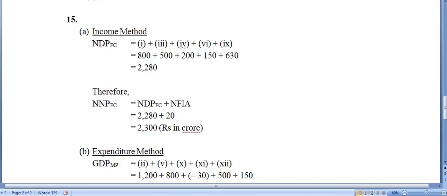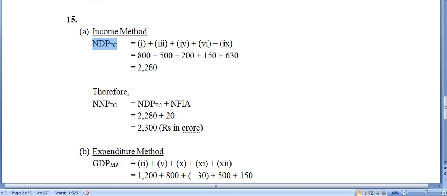Okay, so now let us see question number 15, because in this question you have to use both methods, income method and expenditure method. First, the income method, and we already know the formula: NDPFC equals COE plus ESS plus mixed income, isn't it?